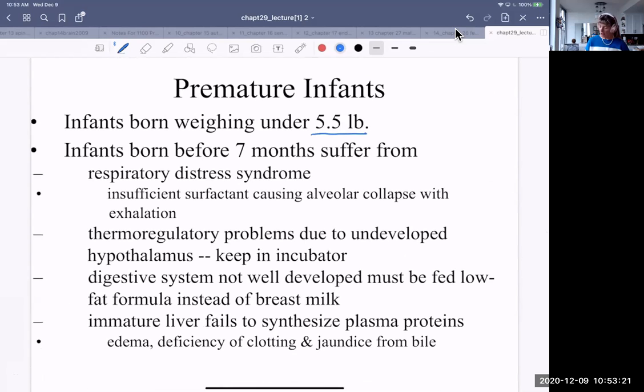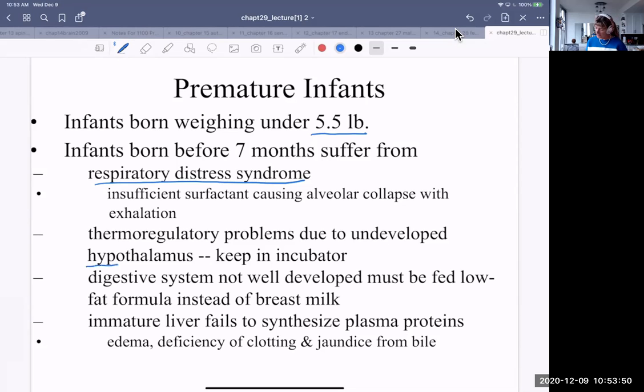If an infant is born before 7 months, there can be respiratory distress because there isn't enough surfactant, and that causes alveolar collapse with exhalation. So that means that the alveoli are not maintaining their integral structure for breathing and for exchanging gases across their surface.